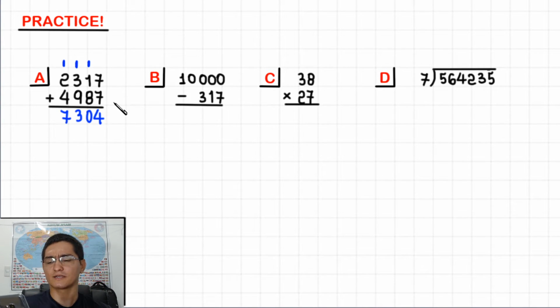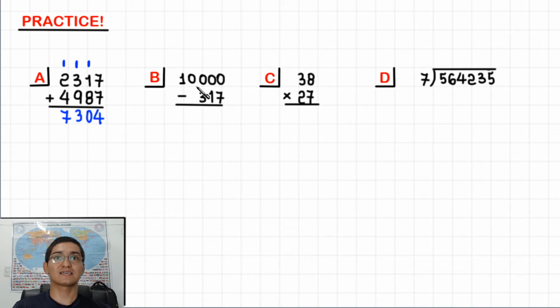Still not working. I don't think this phone is set to be used in English. But still, we can check, no problem. 2,317 plus 4,987, 7,304.